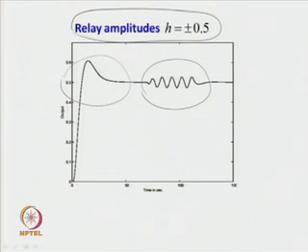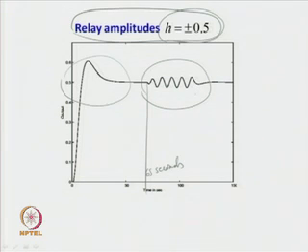So, when the relay is switched on at about 65 seconds, at that time the output of the closed loop system becomes oscillatory. Relay height is chosen such that the output does not overshoot or undershoot by large magnitudes.